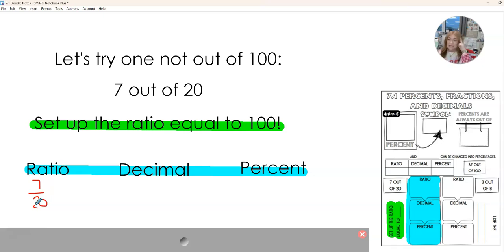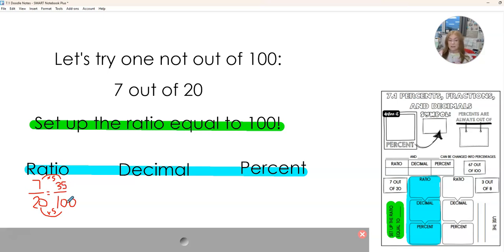But when we're talking decimals and percents, we need to change it into 100. The total should be 100. So how do I get from 20 to 100? 20, 40, 60, 80, 100, that's times 5. If I do that to the denominator, we do that to the numerator. So 7 times 5 is 35 out of 100.